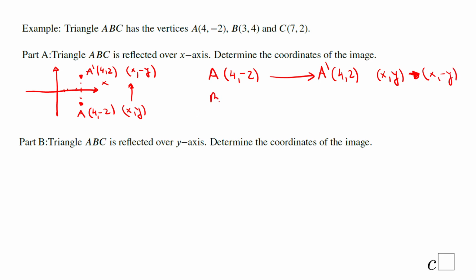Point B, which is (3, 4), becomes B prime: x stays, y changes the sign, negative 4.